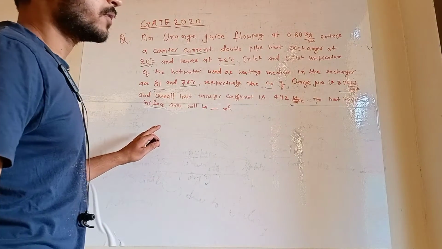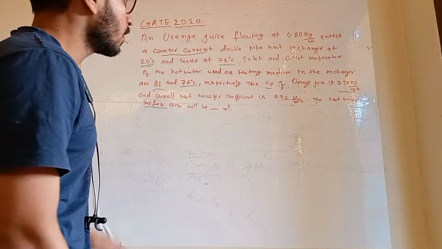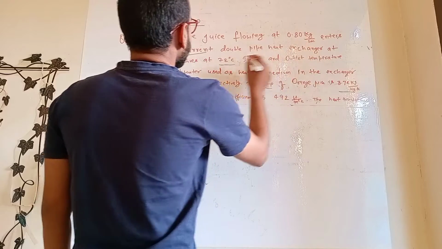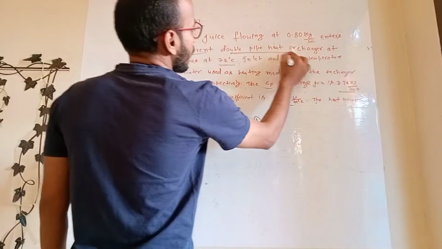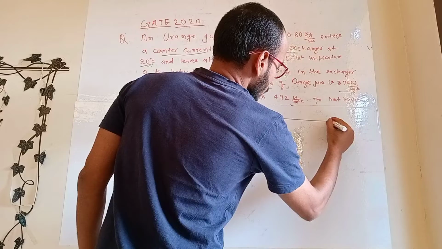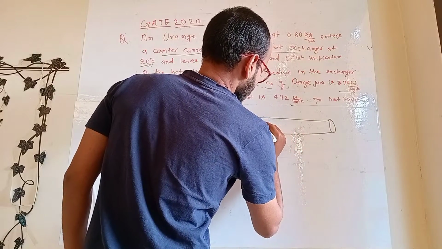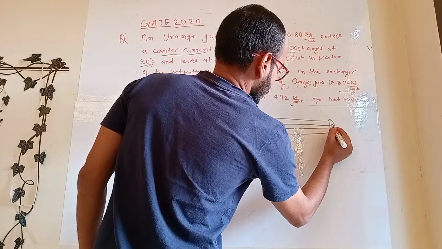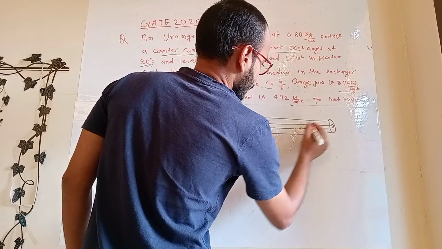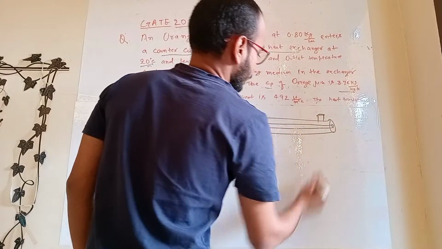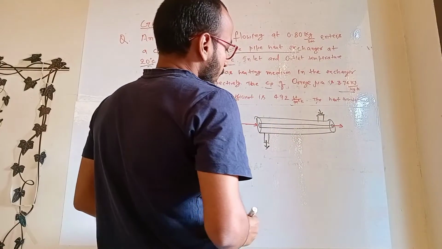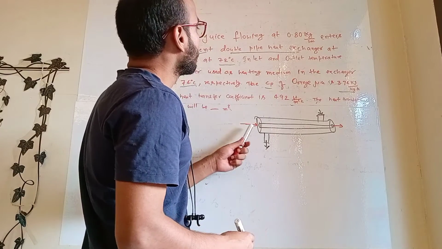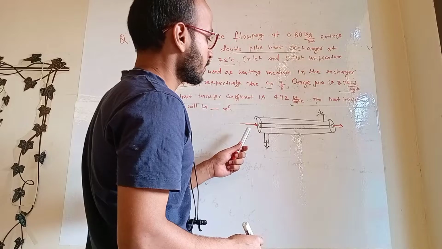Before solving this question, we have to draw a schematic diagram. It has been mentioned that it is a double pipe heat exchanger, so we will draw a double pipe heat exchanger. So here is the double pipe heat exchanger.